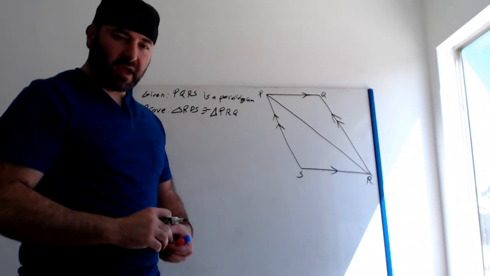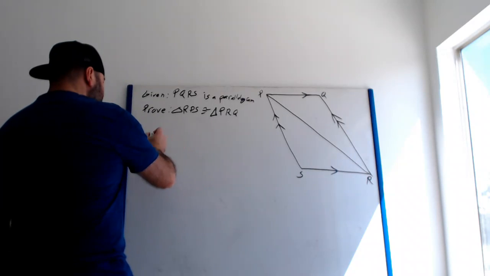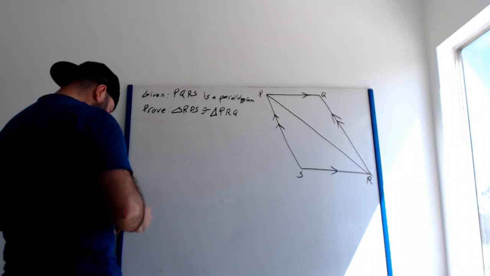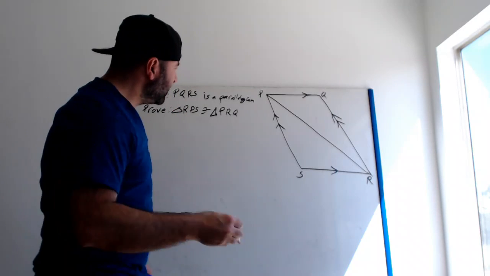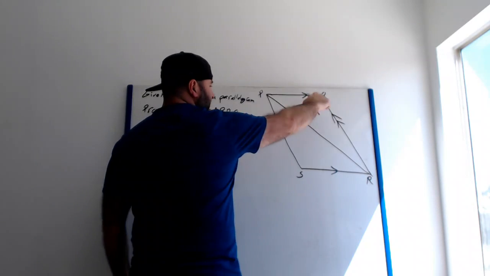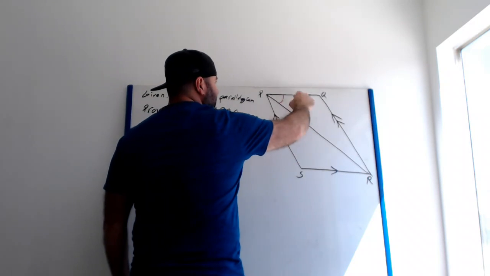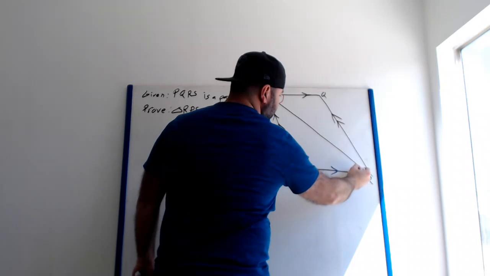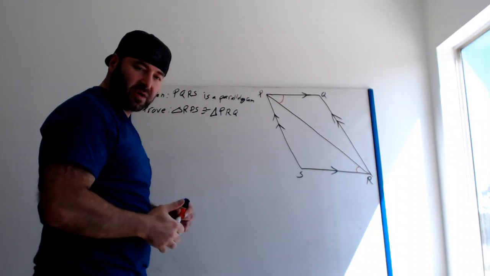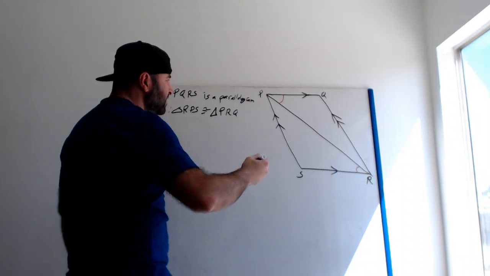Okay. And that's important for me to know because that, as you can see in the proof, is one of the very first things. So because those two are parallel to each other, that lets me use, again, we did this last time we went over proofs, the fact that PQ is parallel to SR and PR is my transversal. These two angles are going to be congruent because they're alternate interior angles.